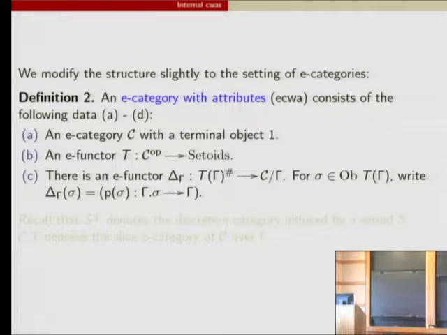Then this assignment of a projection to any type over gamma becomes a small functor here. It assigns a type on the objects, and here it assigns a projection. But we also must tell what happens when we have two equal types. I write this as delta here. Maybe I should write this as P.